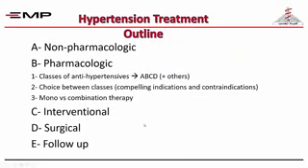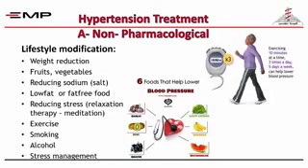The outline of hypertension treatment is as follows. It is composed of non-pharmacological treatment, pharmacological treatment, interventional treatments, surgical treatment for secondary causes, and follow-up. The most important part and commonly not well done is the non-pharmacological treatment.